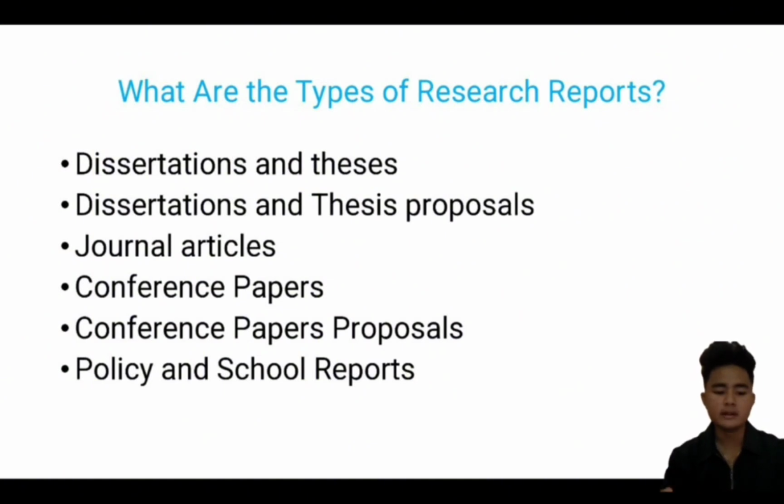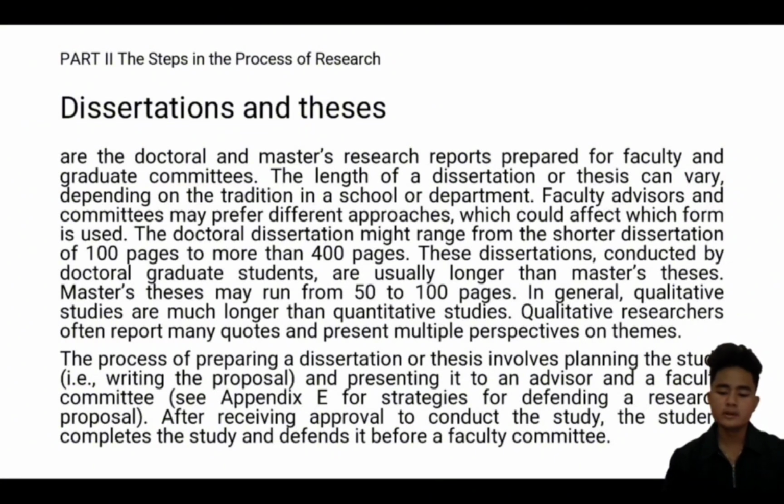So here are the types of research report. First one is the dissertation or thesis, the dissertation or thesis proposal, journal articles, conference papers, conference paper proposals, and policy and school reports. Dissertations and theses are big research papers that graduate students write to get their master's or doctoral degrees.